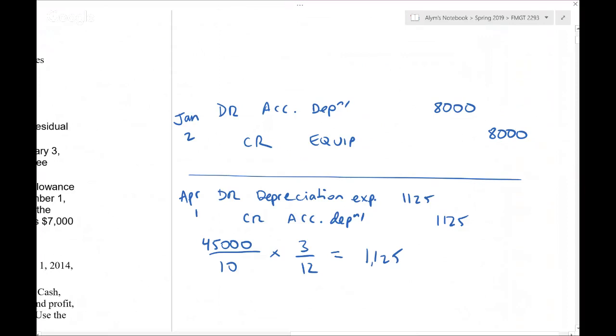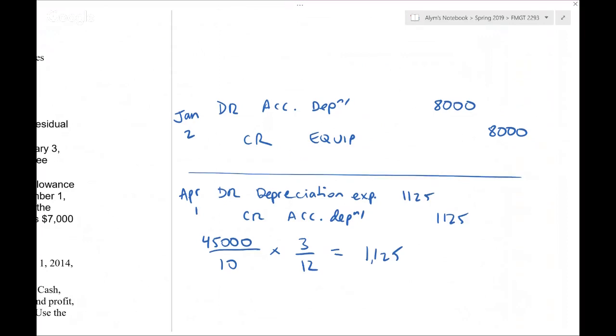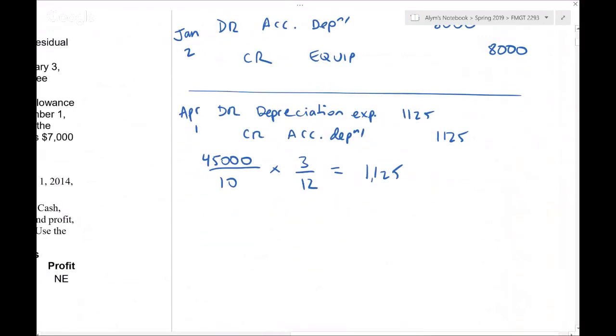What this does is it now updates our accumulated depreciation so that we're now fully reflecting the total accumulated depreciation on this asset. The second thing we're going to do is get rid of that piece of equipment. So what do we have in the accumulated depreciation account? Well, if we look, we would have been depreciating this piece of equipment for how many years so far?